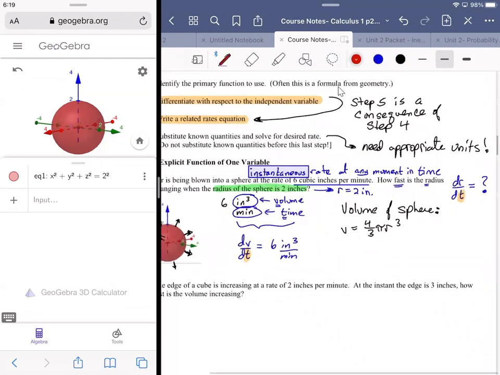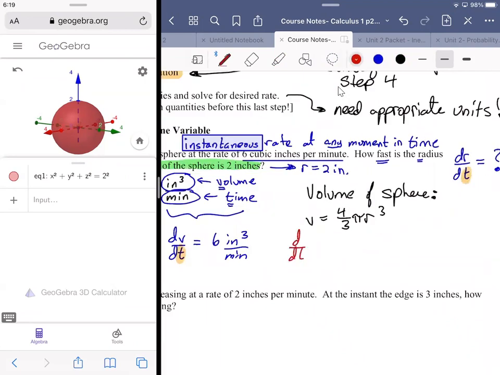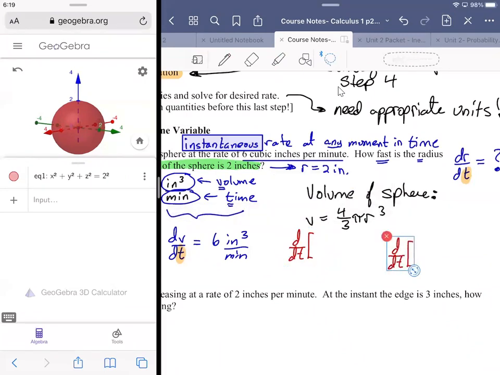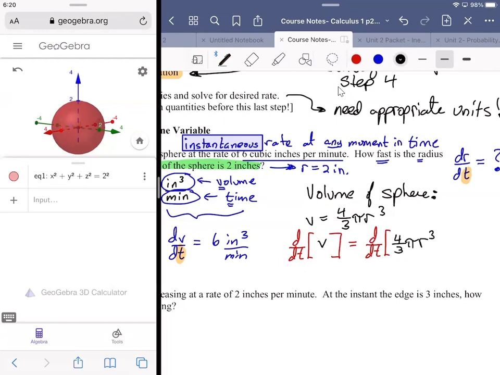Taking a derivative really is a property of equality. You're allowed to do it to both sides of the equation. So I'm going to take the derivative of the left side, which is V, and separately, the derivative of the right side, which is 4/3 pi r cubed.